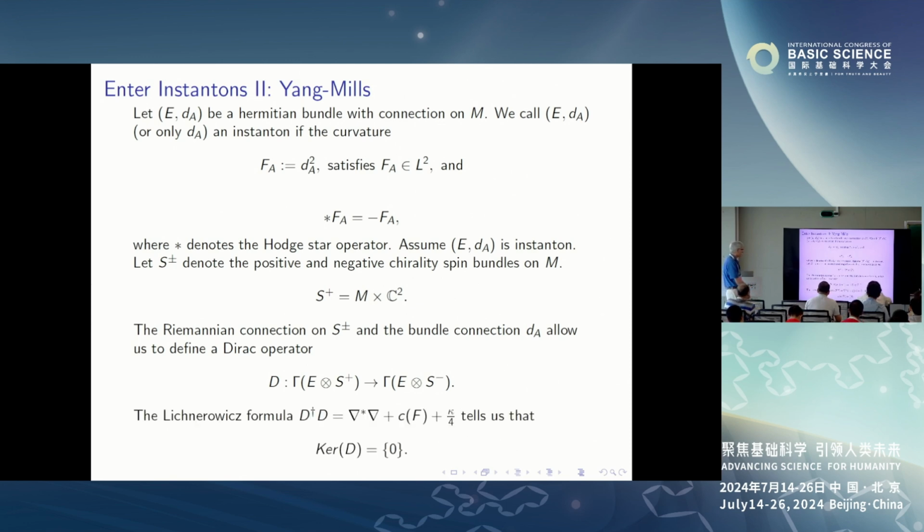And the Lichnerowicz formula tells you D dagger D is nabla star nabla plus the Clifford multiplication by the curvature F, plus a scalar curvature term over 4, which I can replace by 0.